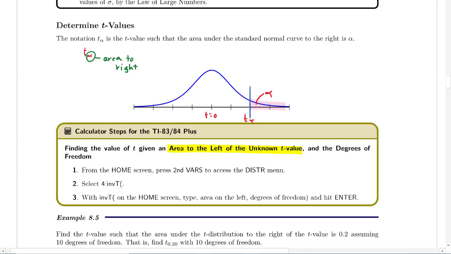So our calculator allows us to find area to the left of the value of t. So if we know the alpha, or area to the left, then we can use the calculator to find the t value.